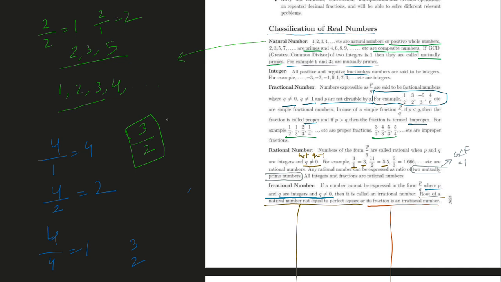So if I write a number, say 5 by 3, where 5 is p and 3 is q, then according to this definition, q won't be equal to 0, and you see that 3 is not equal to 1. Also, p in this case is not divisible by q, since 5 is not divisible by 3.